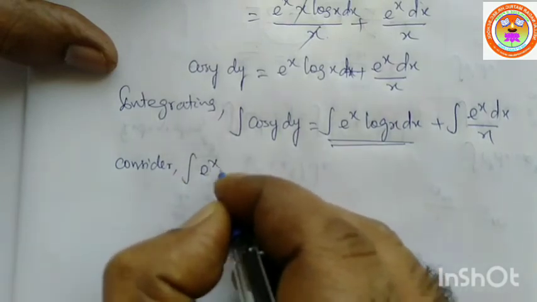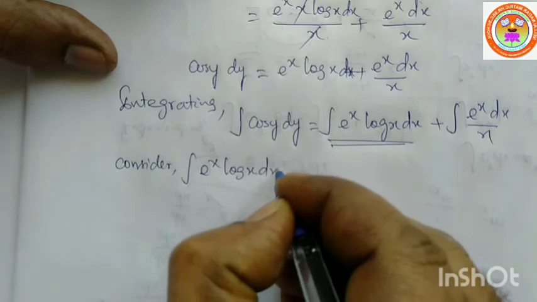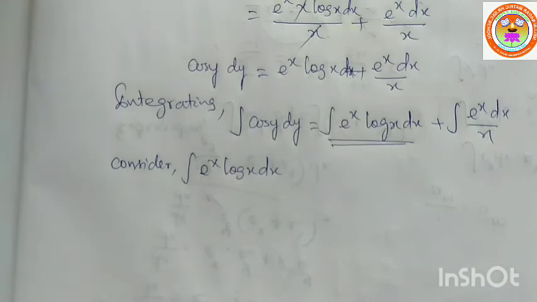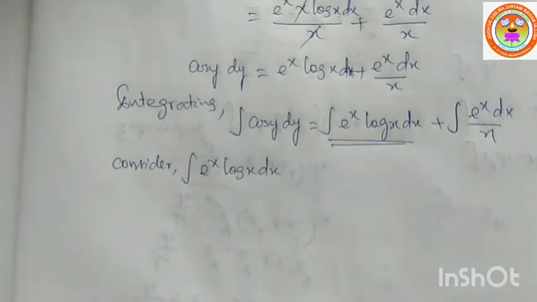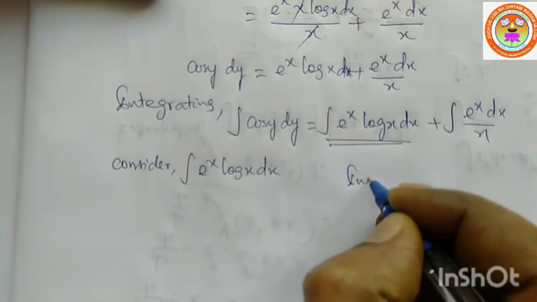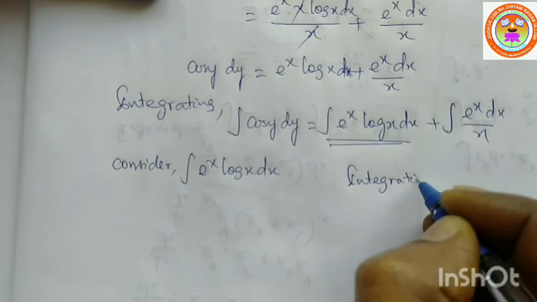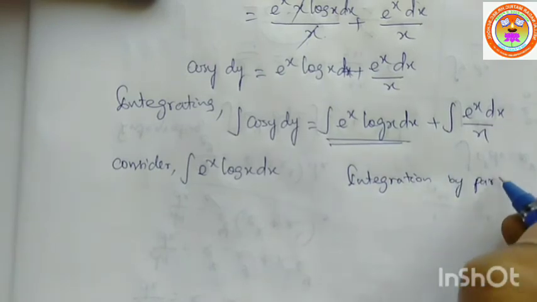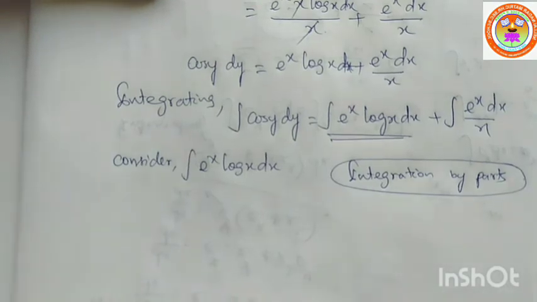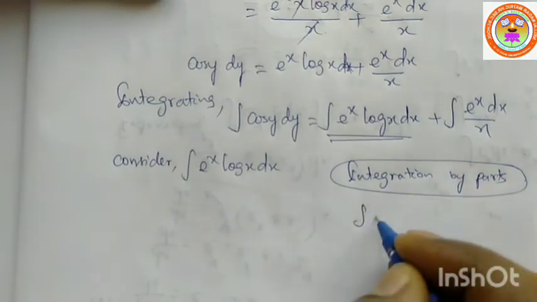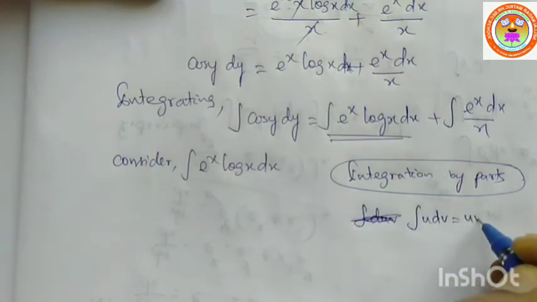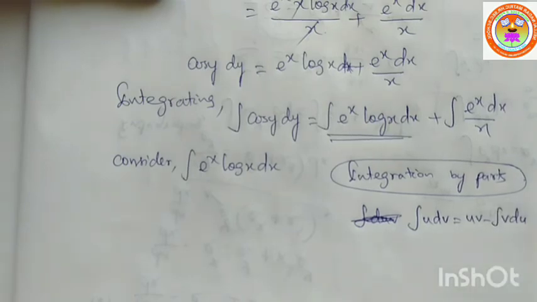How can we integrate it? By integration by parts. This type we have already studied in class 11, that is the integral of u dv form. The integral of u dv is uv minus the integral of v du.